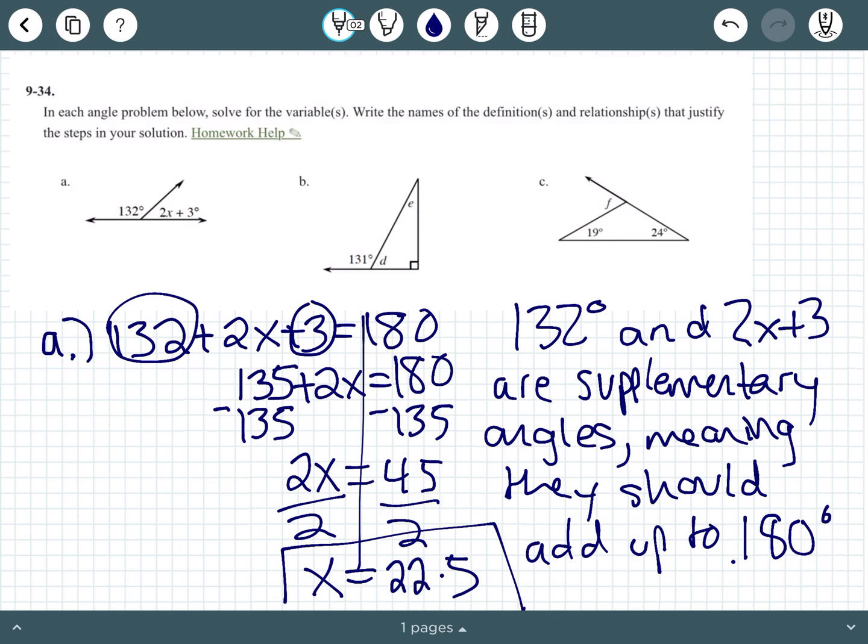All right, so that's all for part A. Let's go ahead and have a look at part B now.